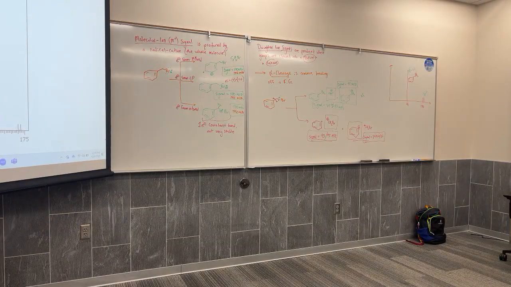Do you see a signal at 79 and 81? Here's 75, here's 80. No, not really. There are little bumps that come off there. So out of the 500 million molecules that are being disintegrated and hitting our detector, maybe a handful of them are kicking off bromine cation and hitting here, but this is not a significant peak.